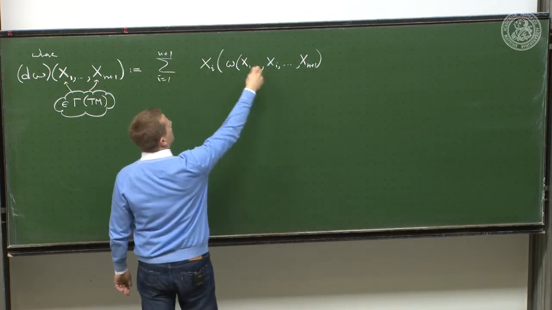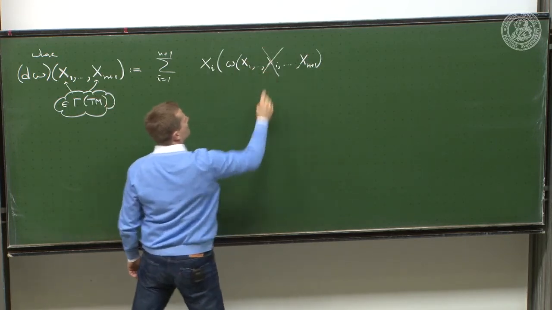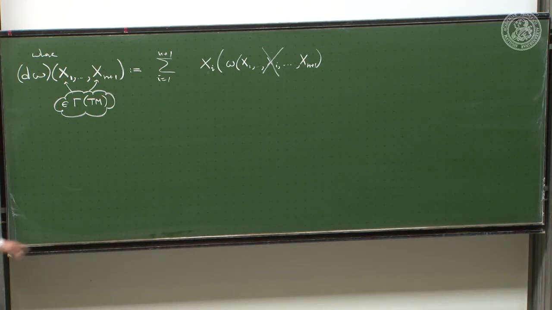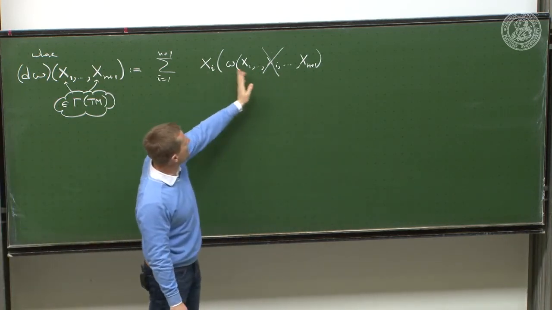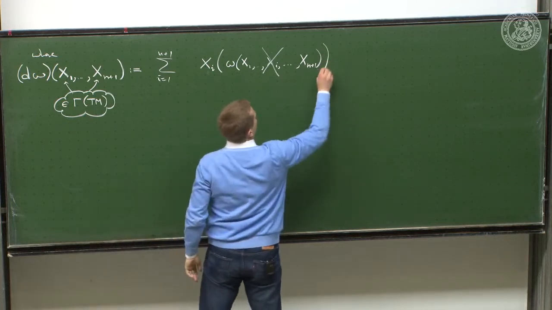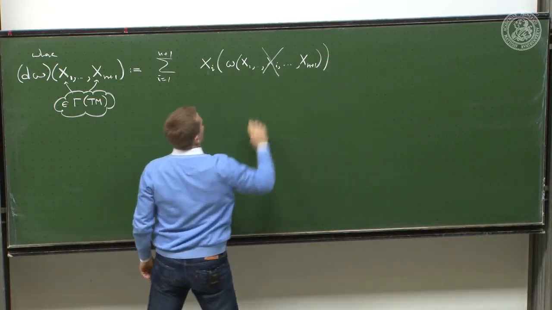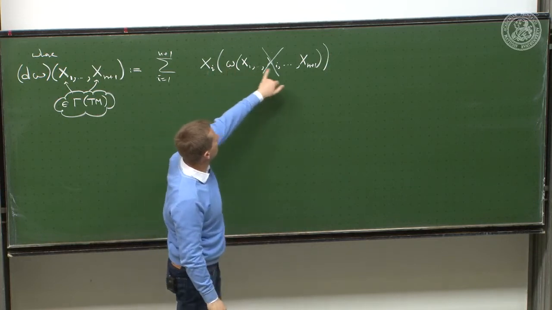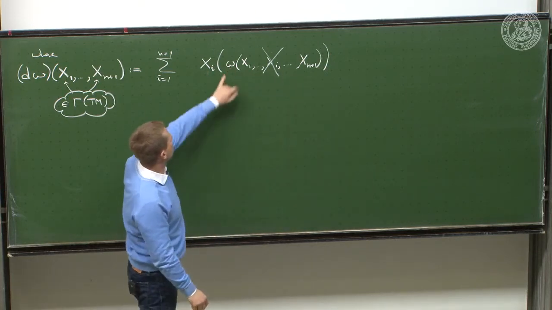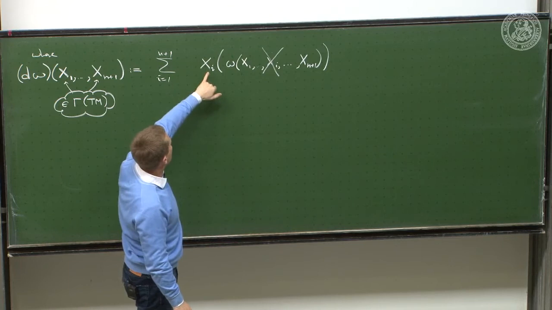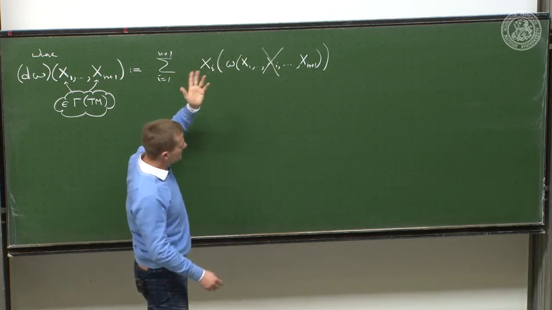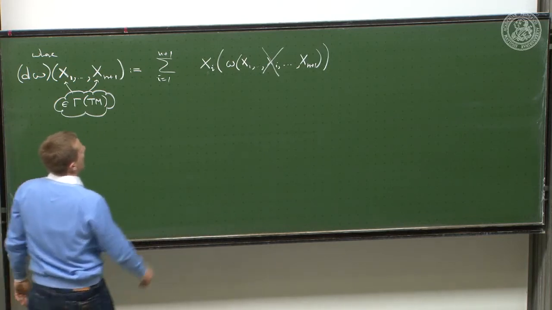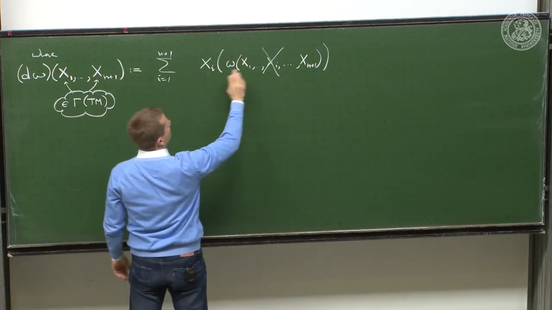So the ith one I let act, I cross out the ith one. That leaves you n in here, and that gives you a function, because this is an n-tensor. It eats n vector fields. It's a function, and I act with this vector on the function. That's kind of the directional derivative, and I do this democratically for every entry.